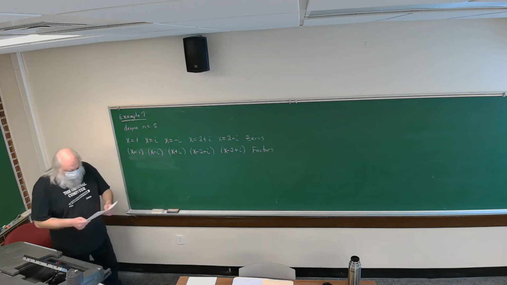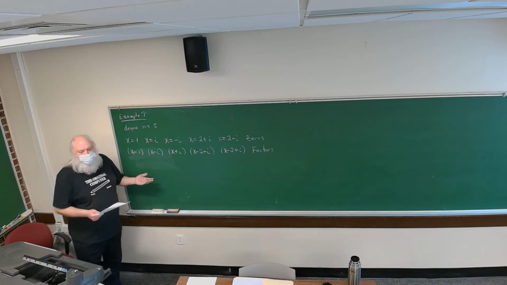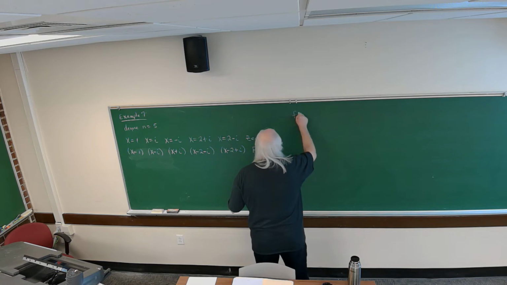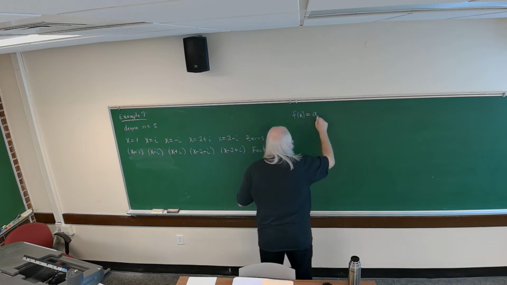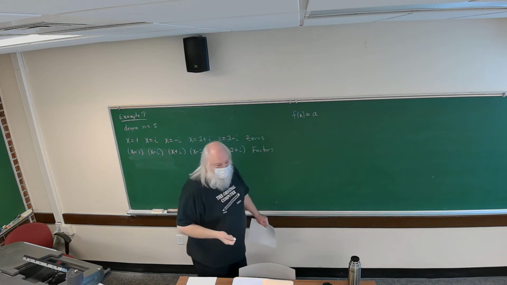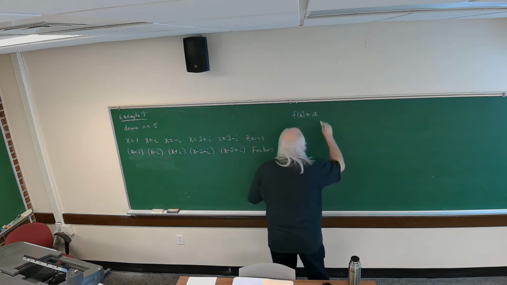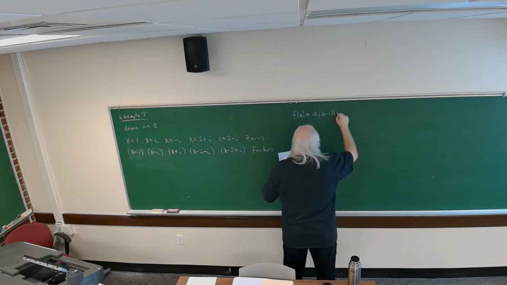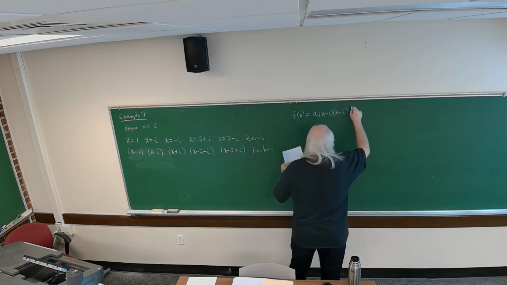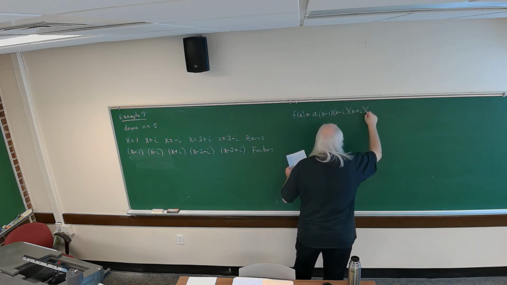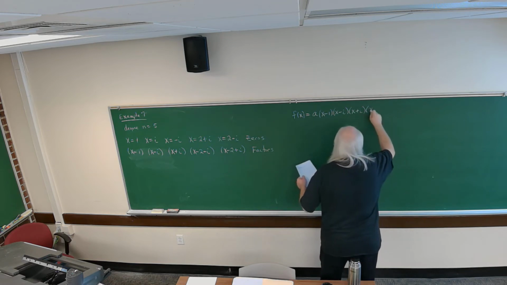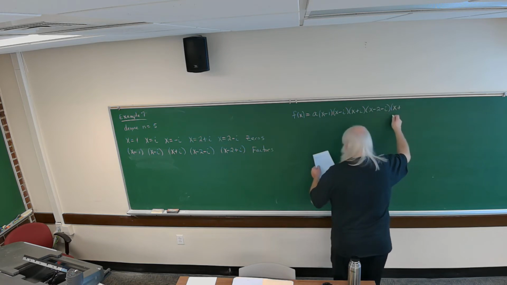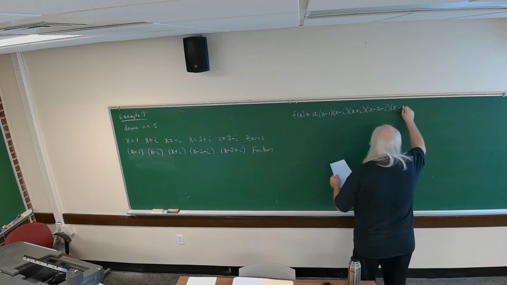Okay? So now we can write out the polynomial in factored form because we know the 5 factors for a fifth degree polynomial. f of x is equal to, now it's going to have a leading coefficient, so the leading coefficient we call a, and then we write out the factors. x minus 1 times x minus i times x plus i times x minus 2 minus i times x minus 2 plus i.